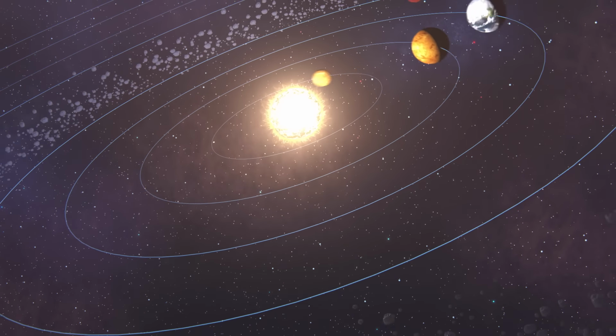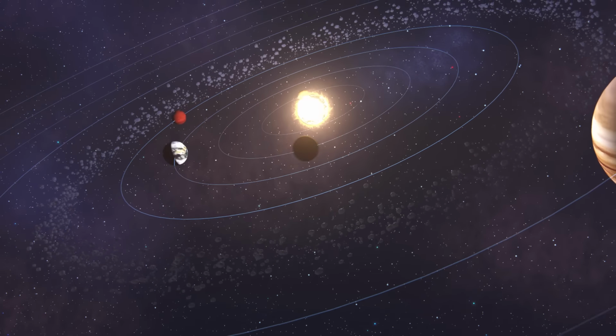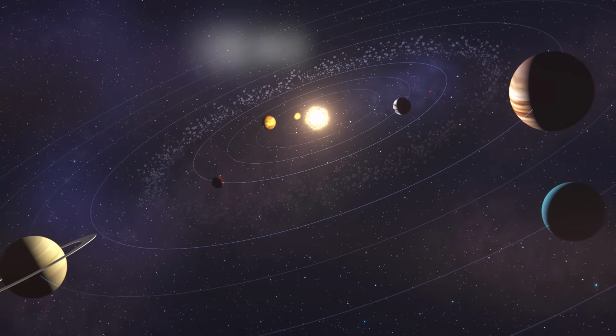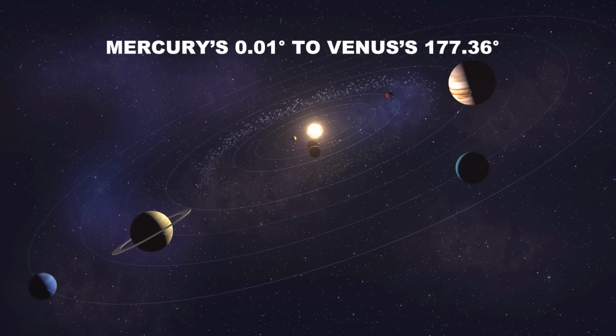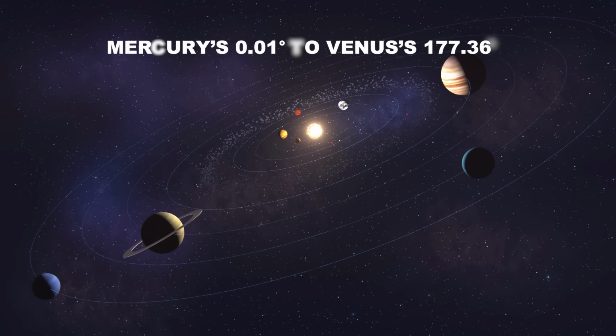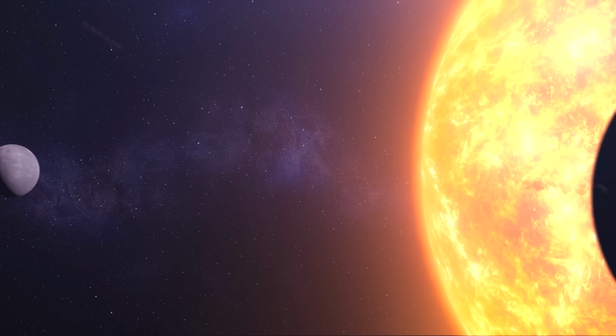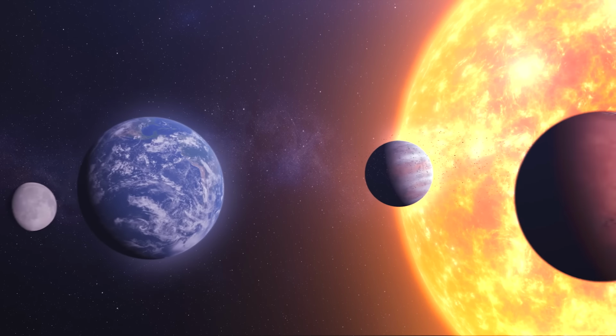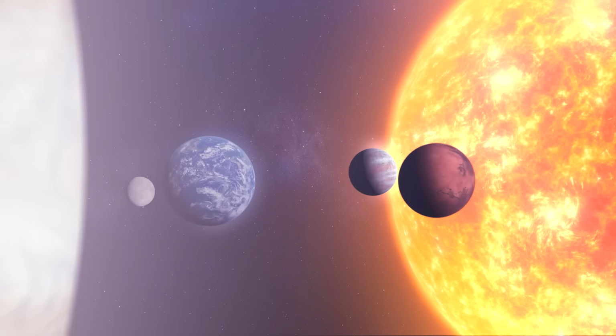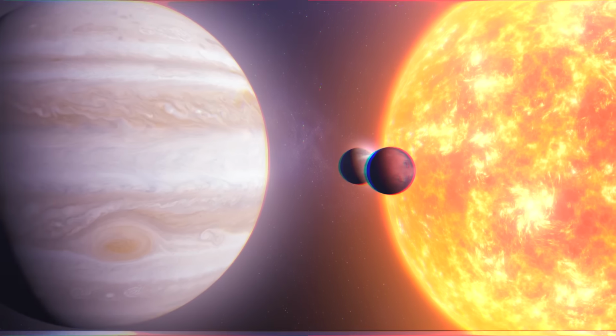From this data, you can easily see the enormous disparity of values, with a range going from Mercury's 0.01 degrees to Venus at 177.36 degrees. In short, while the planets' orbits are almost perfectly flattened on the same plane, the situation of their rotation axes is another story.